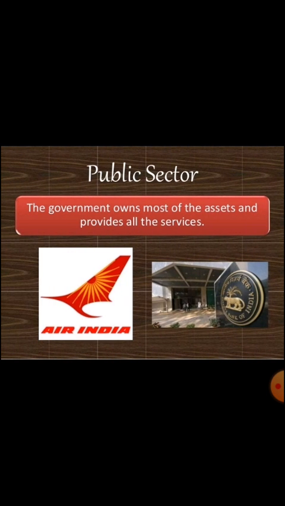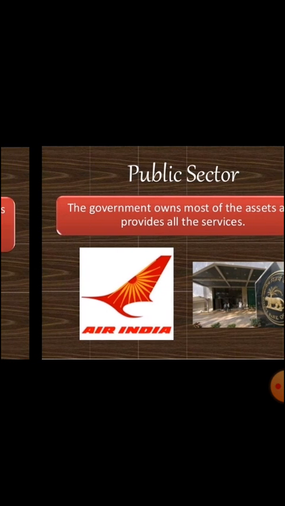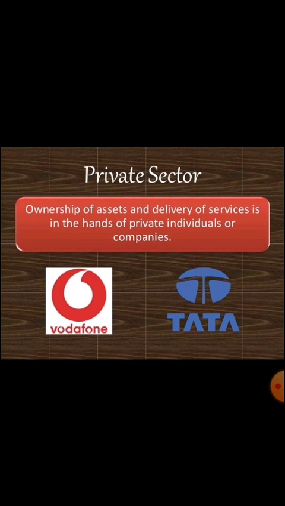In the public sector, the government owns most of the assets and provides all the services, like that of Air India and the Reserve Bank of India. While on the other hand, in the private sector, the ownership of the assets and delivery of services is in the hands of private individuals or companies like Vodafone, Tata, Reliance.